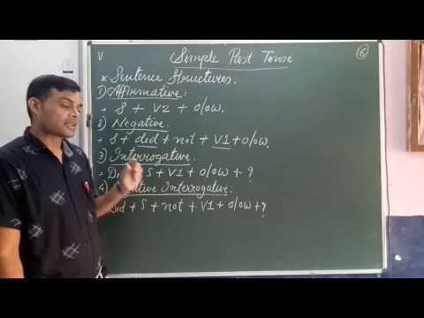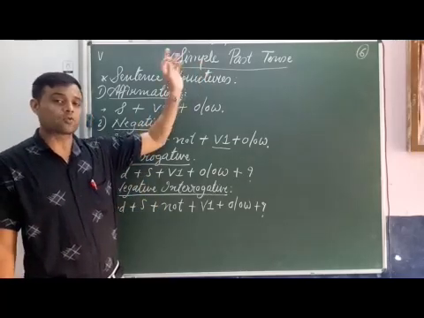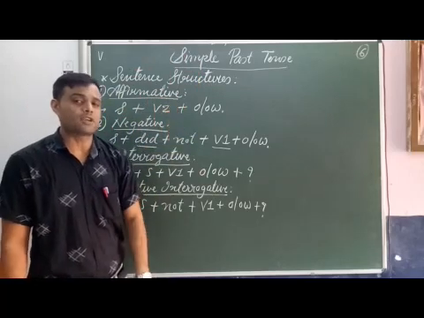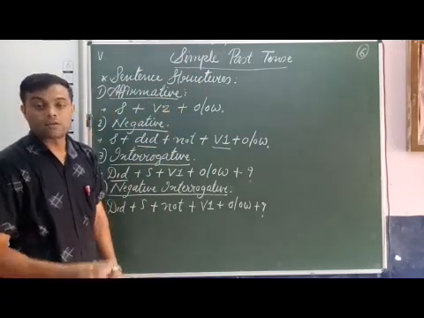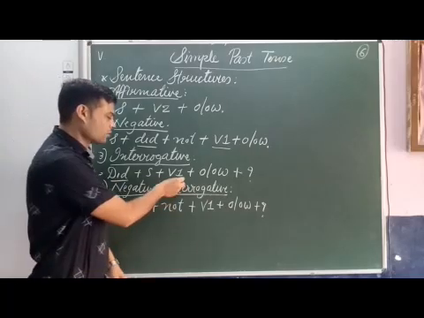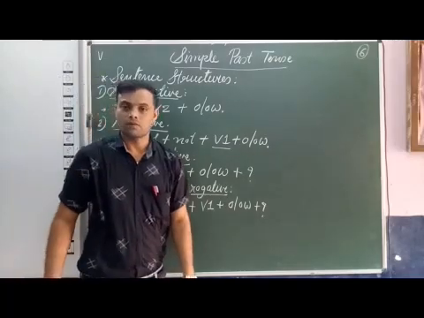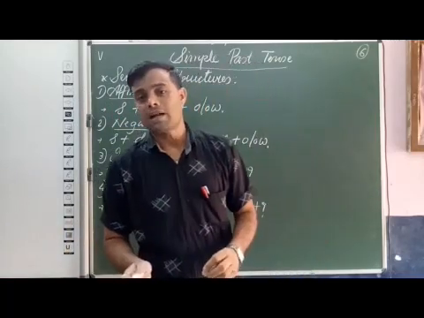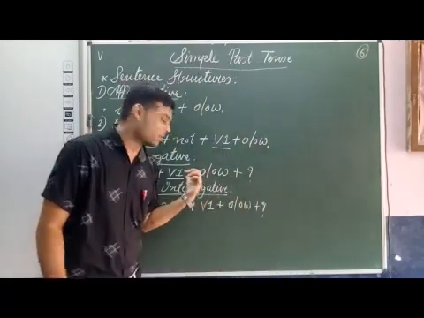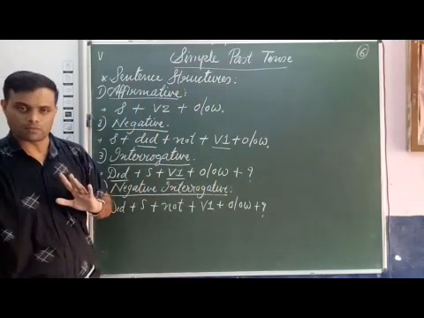Once again I am telling, in simple past tense, to make negative and interrogative sentence, we use helping verb did. And when we use did, we remove V2 and we use V1. We remove past form of the verb and we use V1, means present form of the verb.